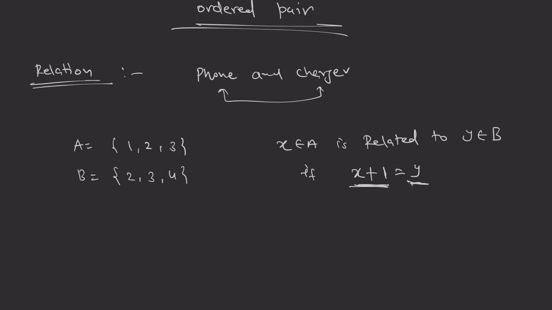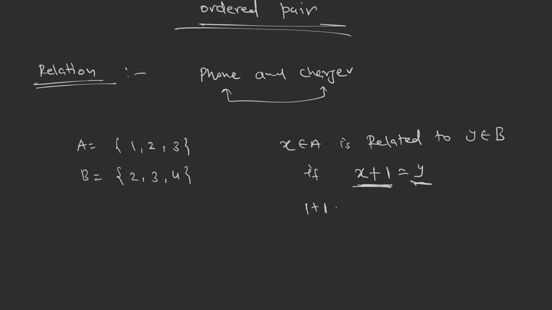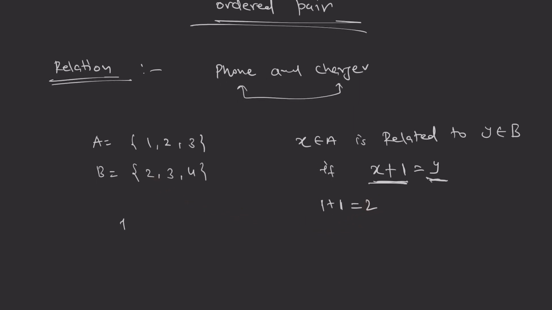I can see here that 1 plus 1 equals 2. So 1 belongs to A and 2 belongs to B. So 1 is related to 2. Similarly, 2 is related to 3, and 3 is related to 4.